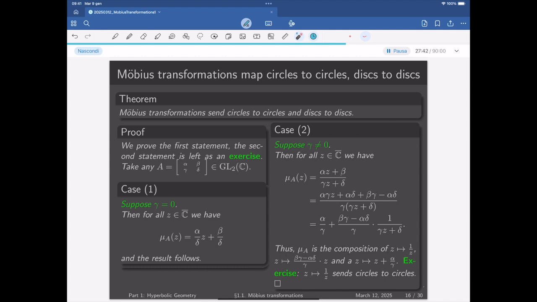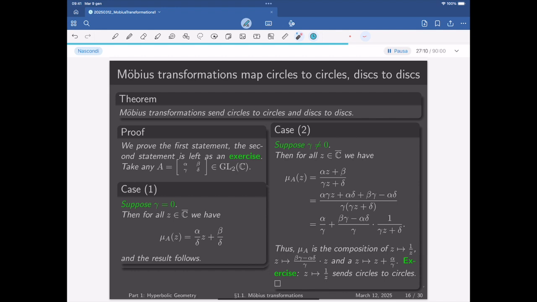And then the other one is case 2. Suppose gamma is not 0. Then what I do is introduce a 0.